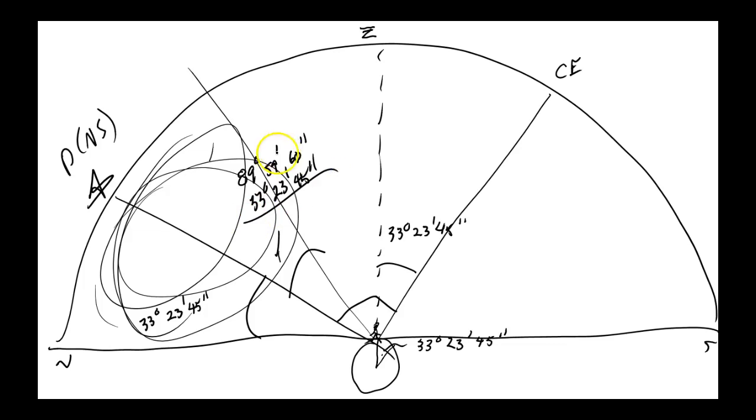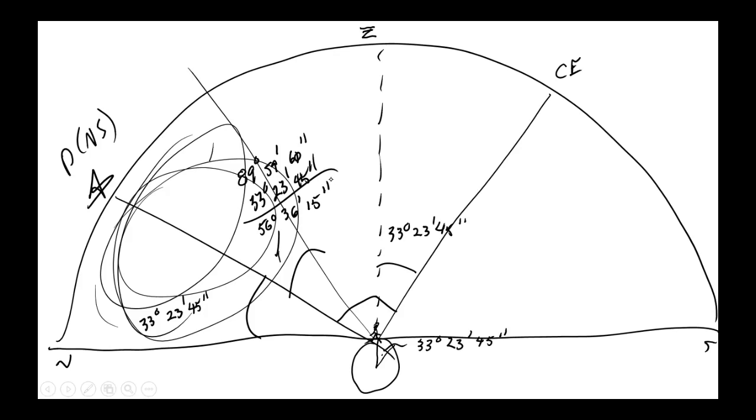Okay, so let's do our subtraction. What do we get? 56 degrees, 36 minutes, and 15 seconds. Okay, so the question is, what range of declinations can stars have so that they never set? From here to there, that's 56 degrees, 36 minutes, 15 seconds, up to 90 degrees.